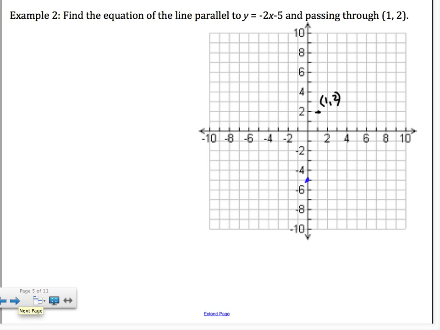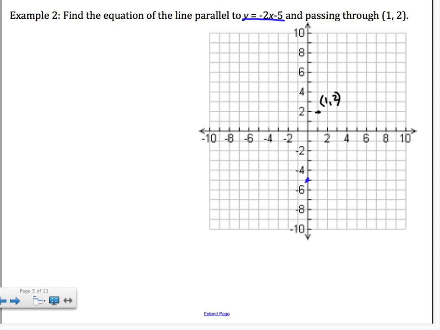But that's the y-intercept of this equation. It's not over here. Read the question. Oh, okay, yeah. We want to find the equation that's parallel to this line, y is equal to negative 2x minus 5.